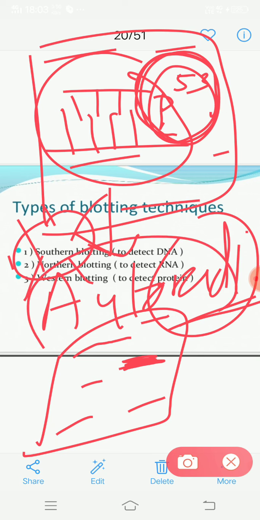Under the autoradiography, you can see shining or fluorescence, a fluorescence band, and you can position that band in that vector. So this is your gene of interest. Understood what is the aim of the blotting technique and what procedure is used here.